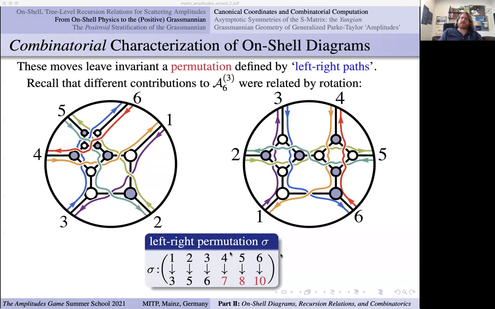At the moment it's just a convention that I'm going to enforce on us, but we'll see why it helps later on, because it's an important part of the toolbox. When a leg gets mapped to itself, it's important to distinguish whether it goes directly to itself or whether it goes all the way around to itself.